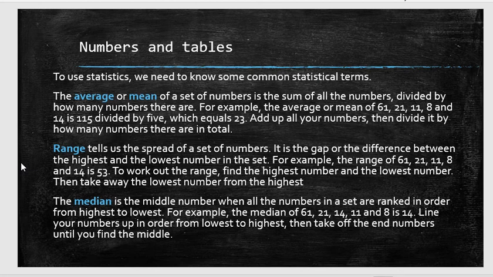You then take the lowest number away from the highest number. So in that case, we had 61 and we had 8. So what we did is we take 61 and then we take 8 away from that. So 61 take 8, which equals 53.